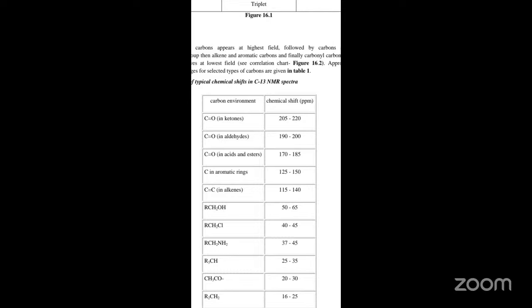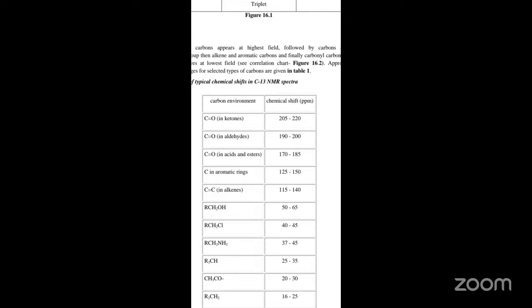appears at 170 to 185. And carbon in the aromatic ring, in benzene and benzene derivatives, shows delta values in the range of 125 to 150 here. And in the alkenes, the C double bond C carbon shows chemical shift values of 115 to 140.